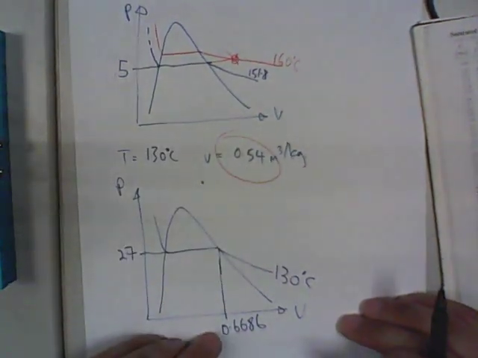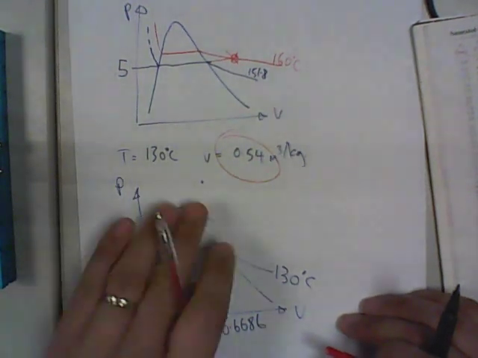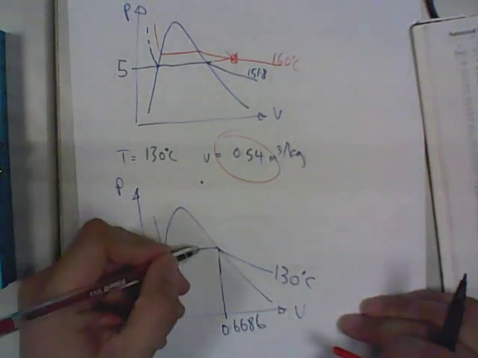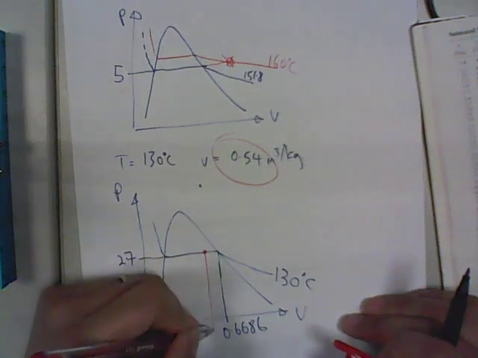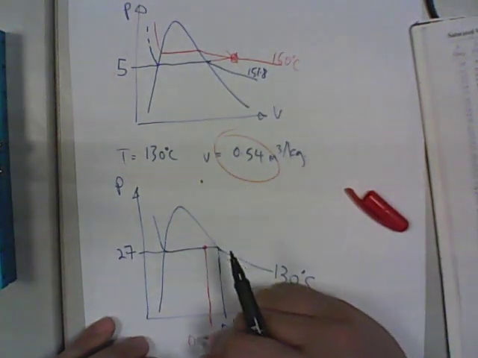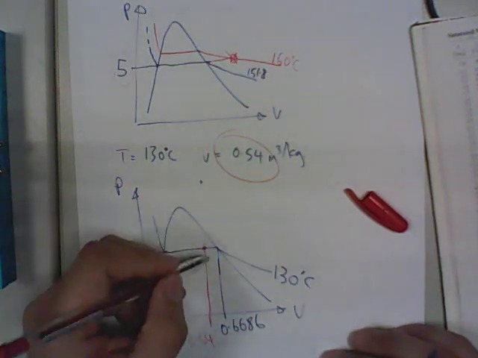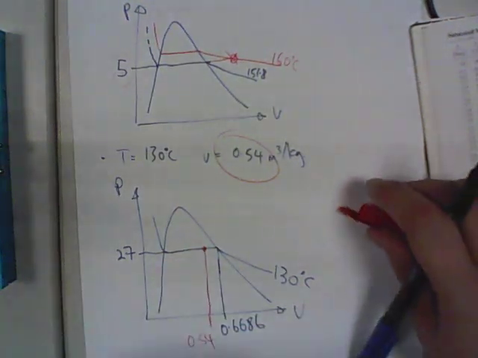This value is less than the Vg, so definitely it is less, and thus it is under the hill. So it should be following 130 and at a lower value. So this is your 0.54. The answer is that this particular state is wet steam.